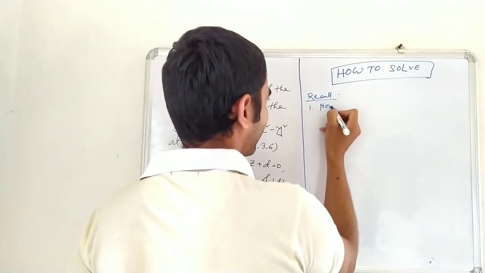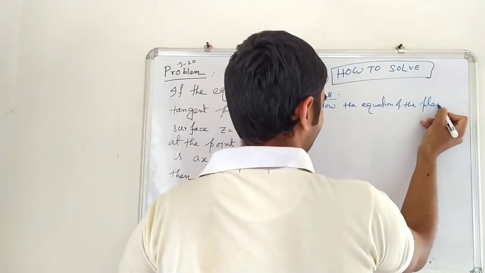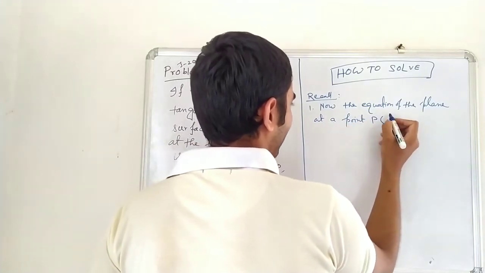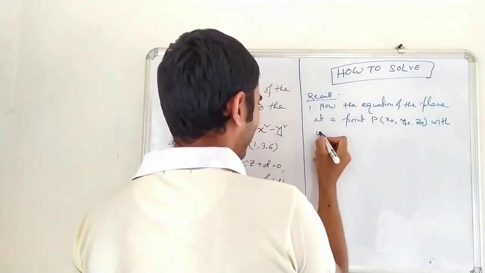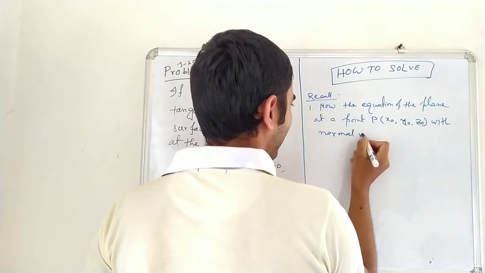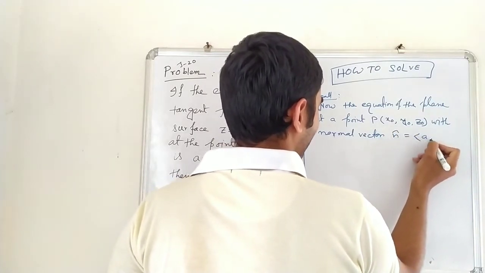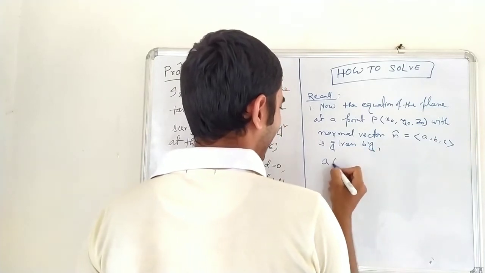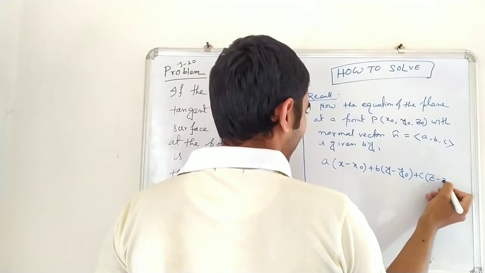Now the equation of the plane at a point P whose coordinates are x0, y0 and z0, with normal vector whose components are A, B and C, is given by A into x minus x0 plus B into y minus y0 plus C into z minus z0 is equal to 0.